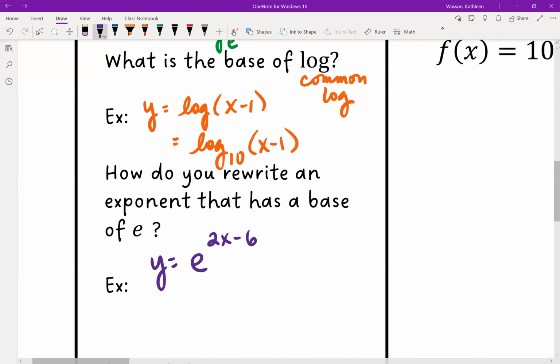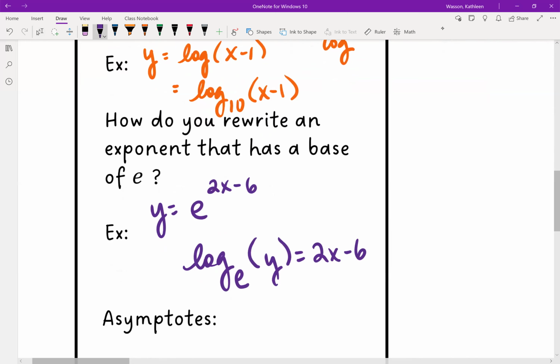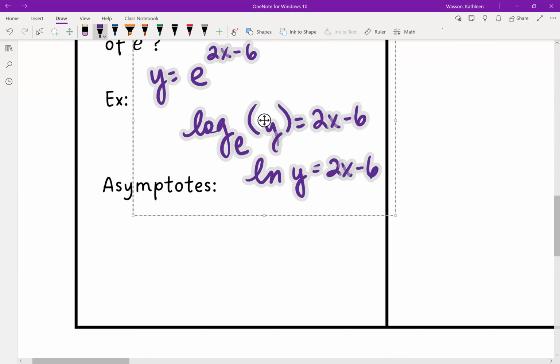We can write log base e of y equals the exponent, 2x minus 6. And this is a little awkward. We don't usually write log base e, but you can. What you would typically see is ln of y. Also, if you only have one thing you're taking the log of, a lot of the times you don't see the parentheses, but that's what it means. Ln y is 2x minus 6. These are equivalent equations.